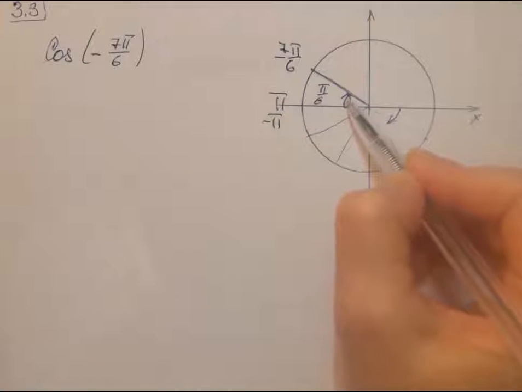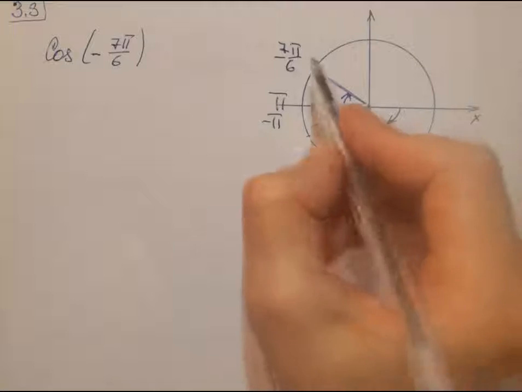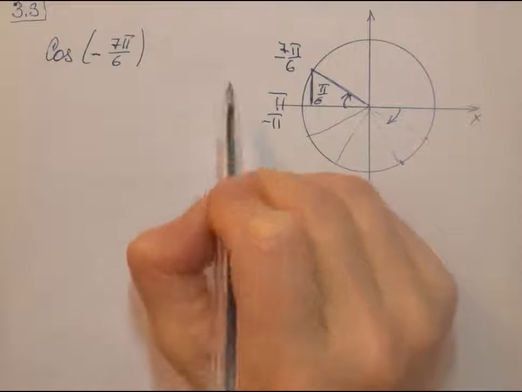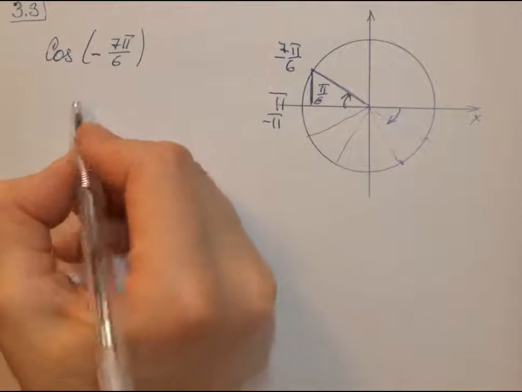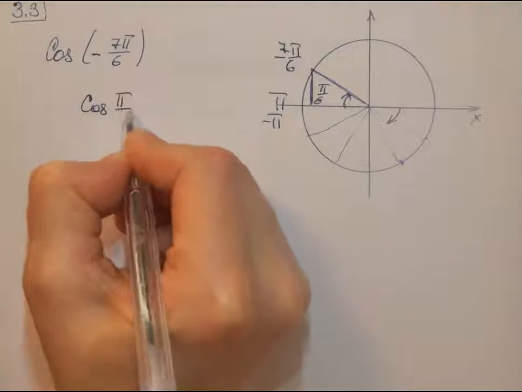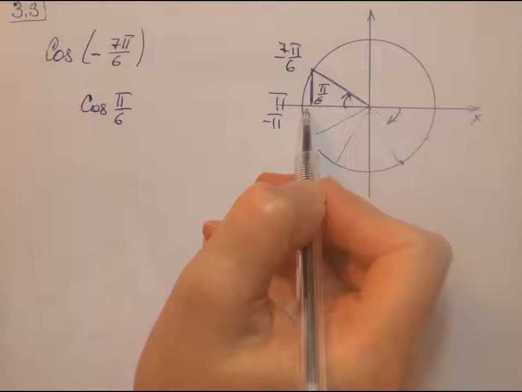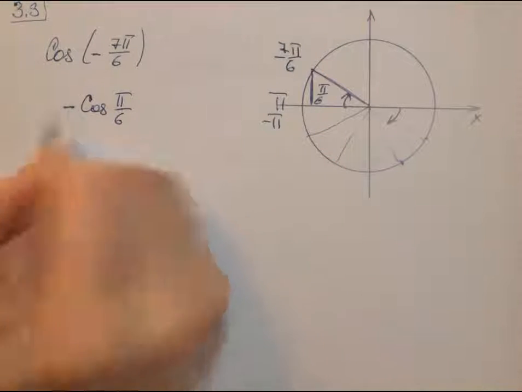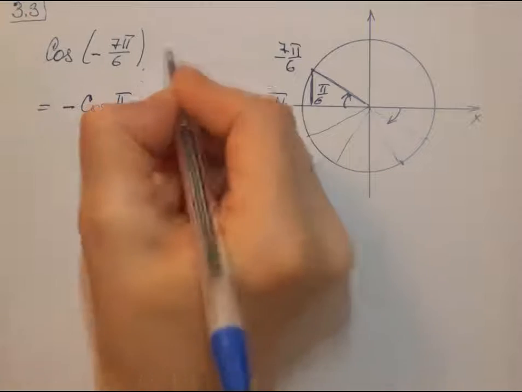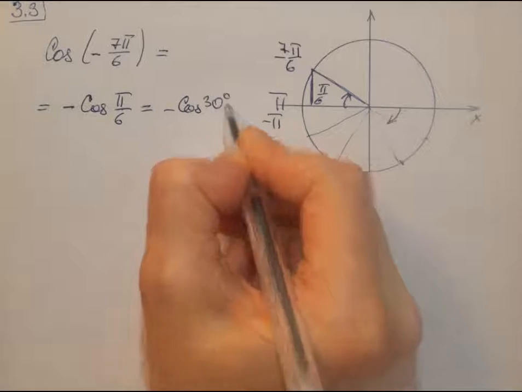The reference angle is pi over 6, or 30 degrees. The cosine of this angle will be the same as cosine of pi over 6, but it will have a negative sign. It will be negative cosine of pi over 6, or negative cosine of 30 degrees.